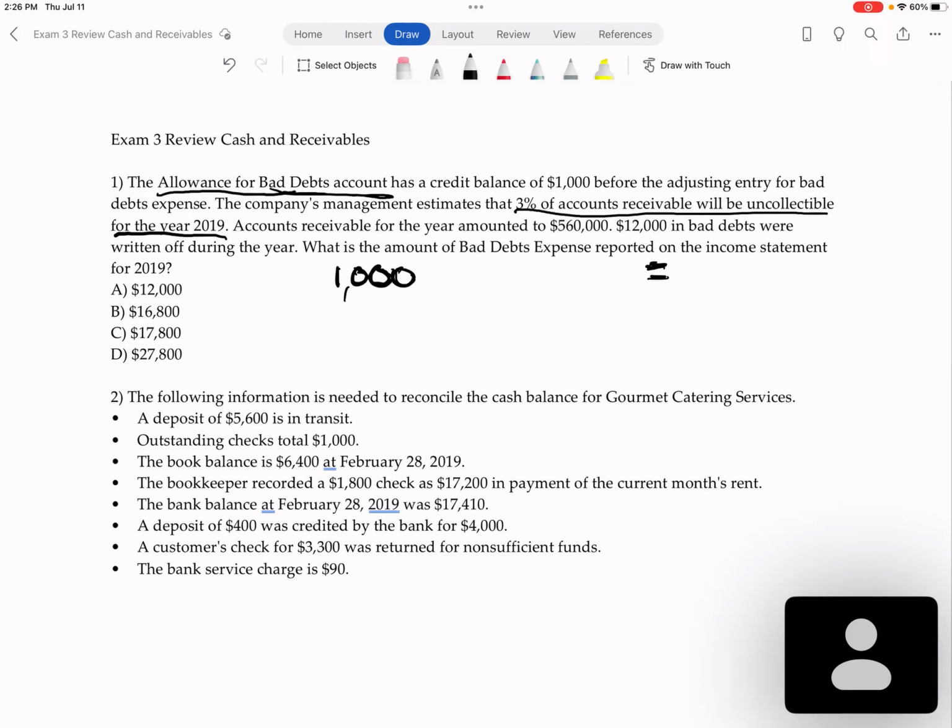In fact, let's just do it real quick. 0.03, we're going to multiply that by the accounts receivable, 560,000. This number is going to go on the right side of the equation. Sorry, I'm just trying to pull up something so I can do the math.